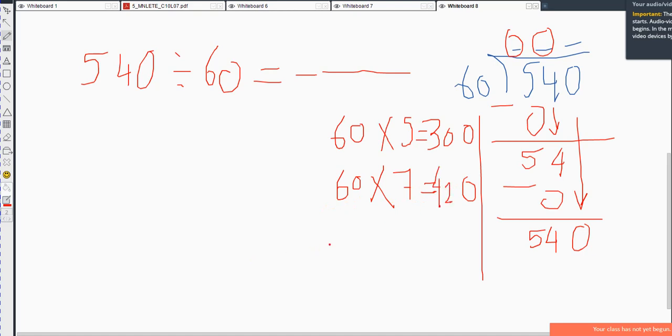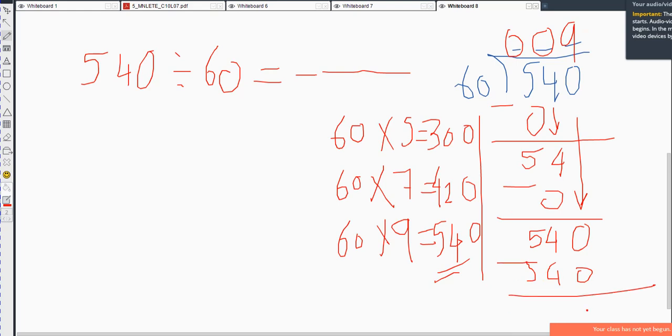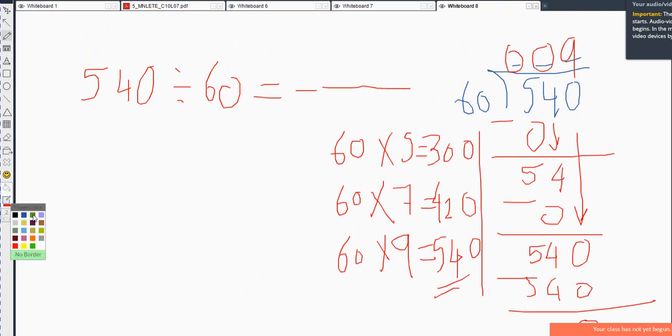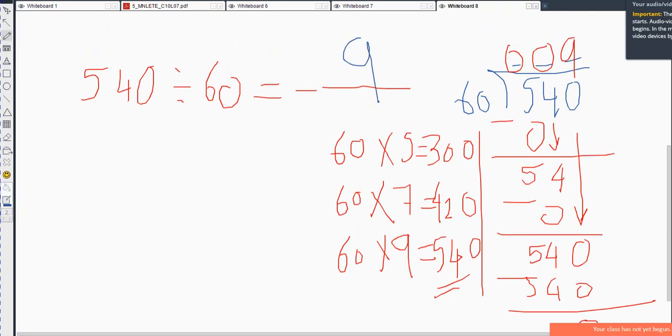Not yet. 60 multiplied by 8 is not working. About 9. 0. 6 multiplied by 9 equals 54. So this is our answer here, and we're going to put up 9 and down 540. So the answer is 9.